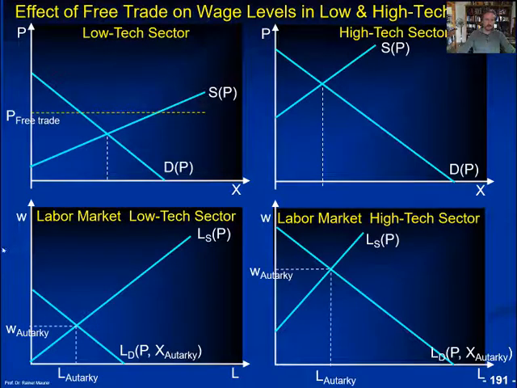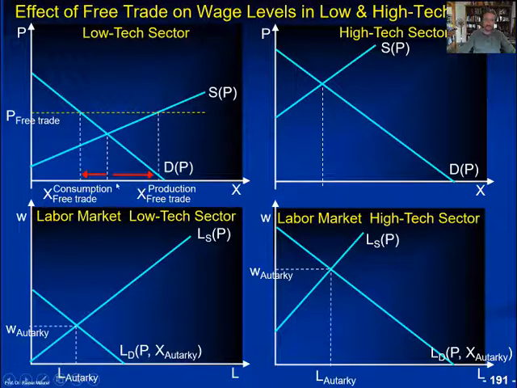As a result, under free international trade, domestic consumption falls to this level, while domestic production grows to this level. The difference between domestic production and consumption is exported.